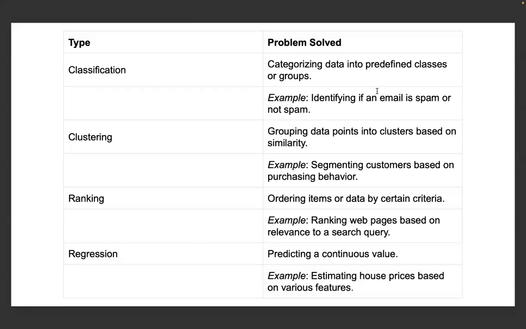For example, segmenting customers based on purchasing behavior, like somebody buys only bread, somebody drinks water, and so on. Another type is ranking, ordering items or data by certain criteria. For example, ranking web pages based on relevance to a search query. And the last but not the least is regression, predicting a continuous value. For example, estimating house prices based on various features.